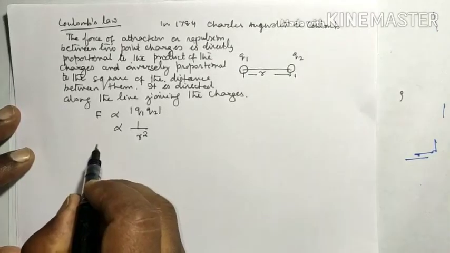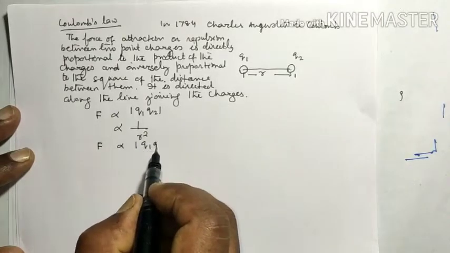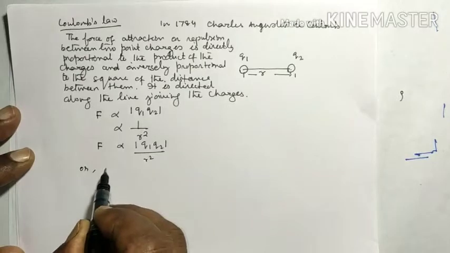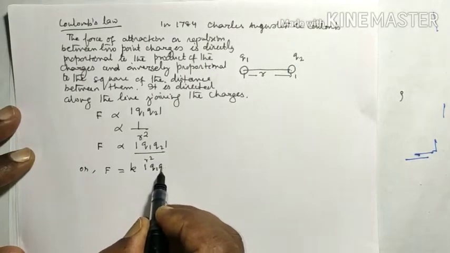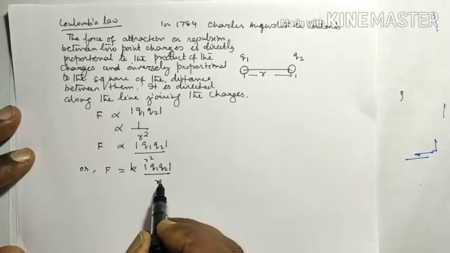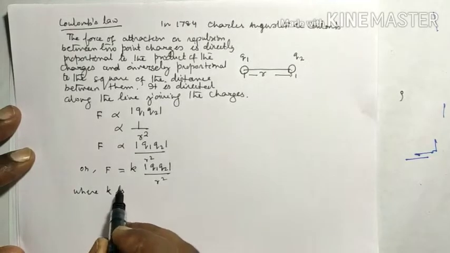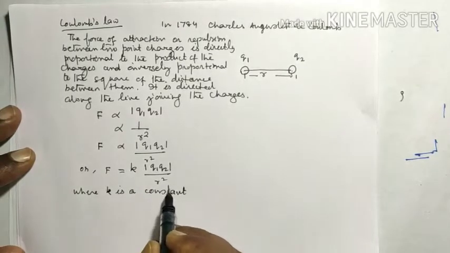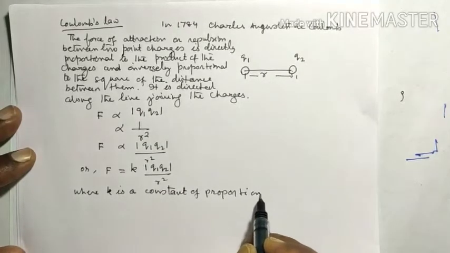So combining these two factors, we can write F is proportional to mod of Q1 Q2 by r square, or F is equal to K mod of Q1 Q2 by r square, where K is a constant of proportionality.